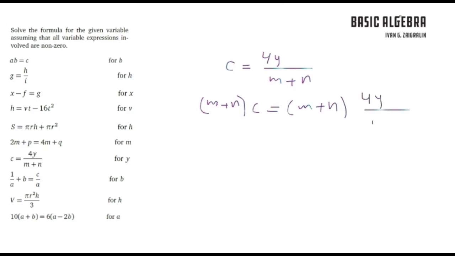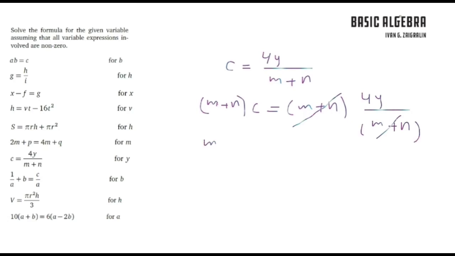The next equation, c equals 4y over m plus n, and we are going to solve the formula for y. So firstly, we should multiply each side by m plus n. M plus n times c equals m plus n times 4y over m plus n, and this m plus n goes with this m plus n.